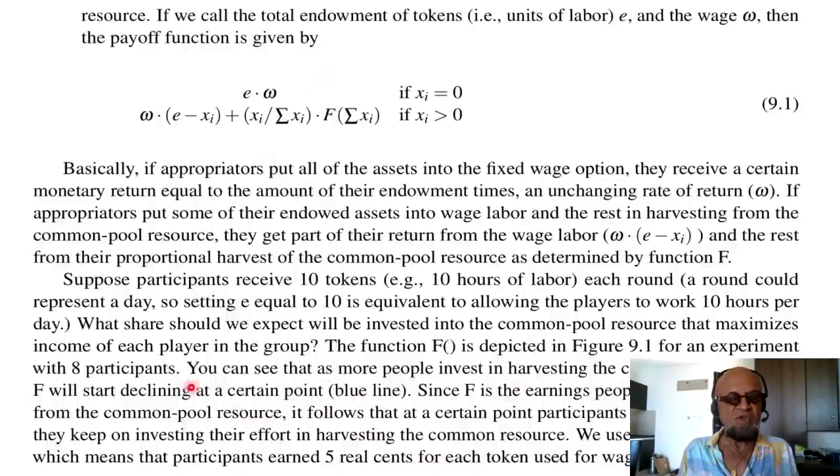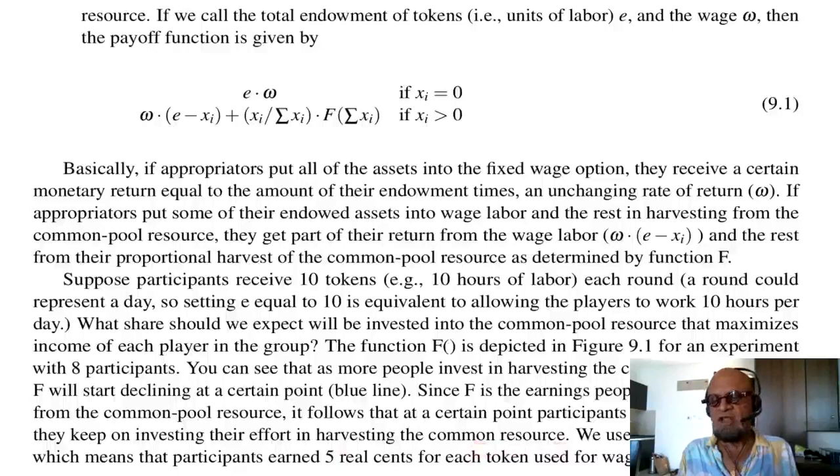For an experiment with 8 participants, you can see that as more people invest in harvesting the common pool resource, f will start declining at a certain point, which is why we call it a concave curve. Since f is the earnings people get from harvesting the common pool resource, it follows that at a certain point participants will get less return if they keep on investing their efforts in harvesting the common resource.